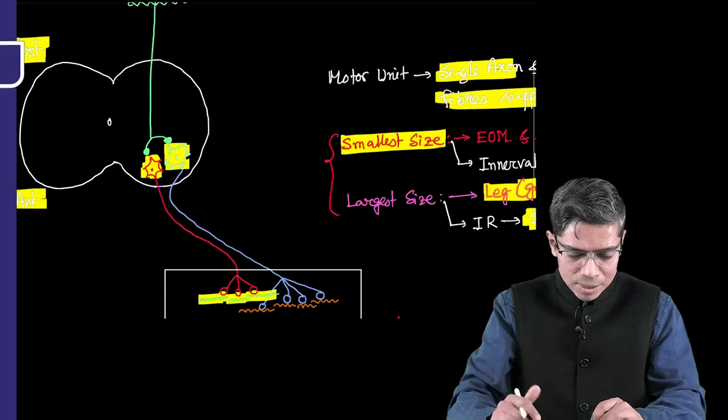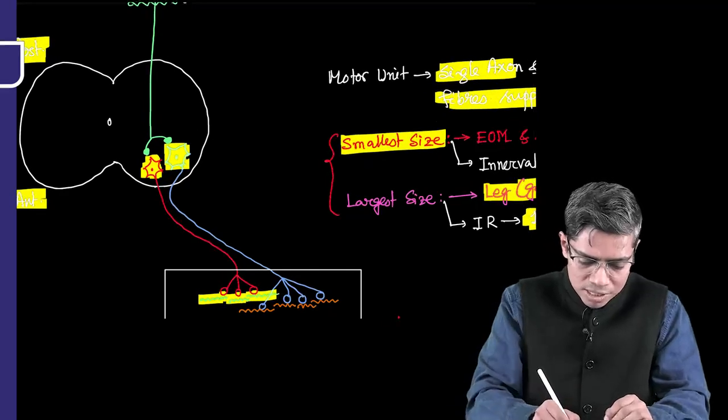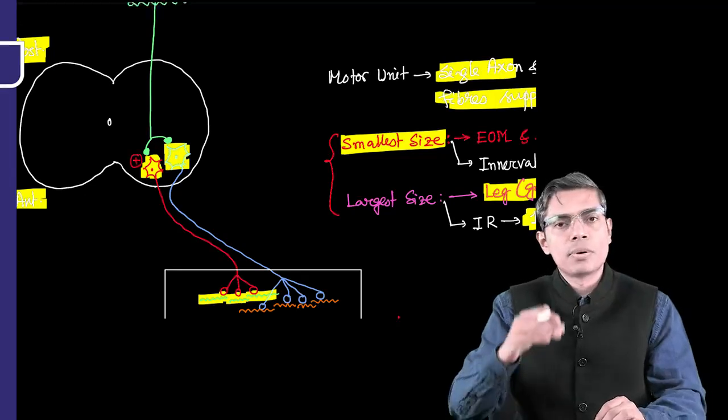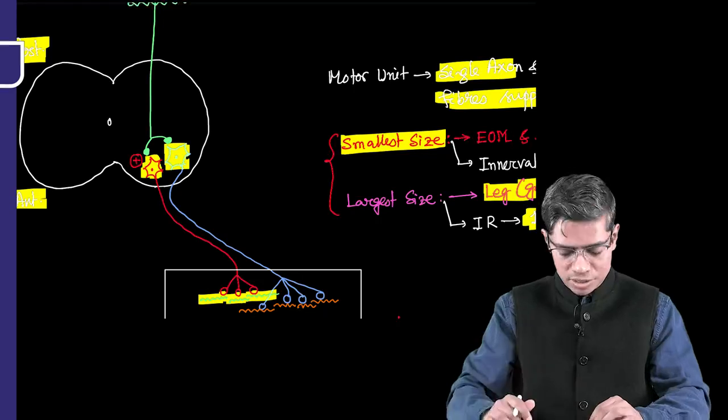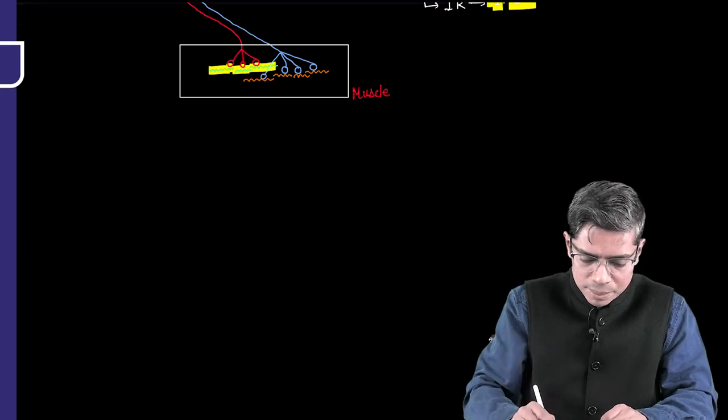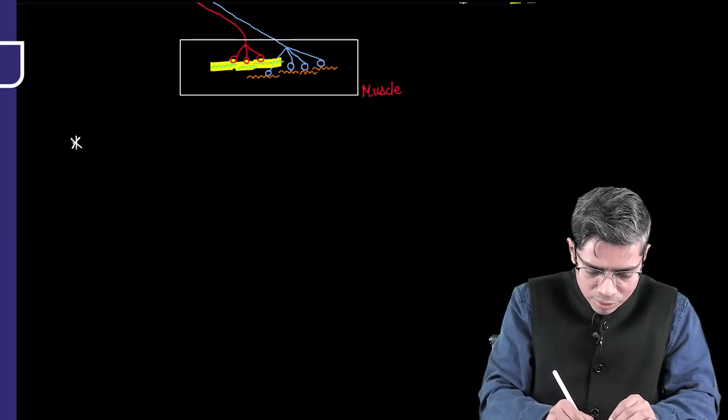Whenever the brain is stimulating both of these neurons, always remember that the smallest size motor unit will be activated first, followed by larger, followed by largest. This principle is known as the recruitment principle of motor unit. Very, very important for your MCQ.